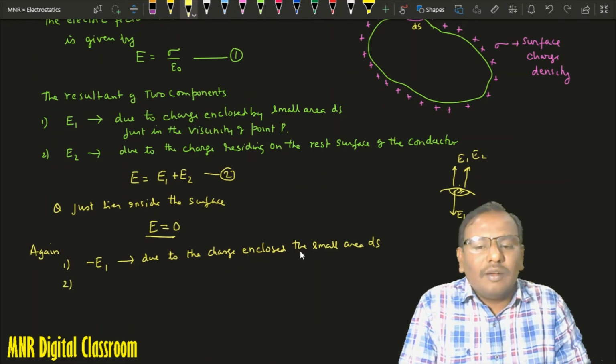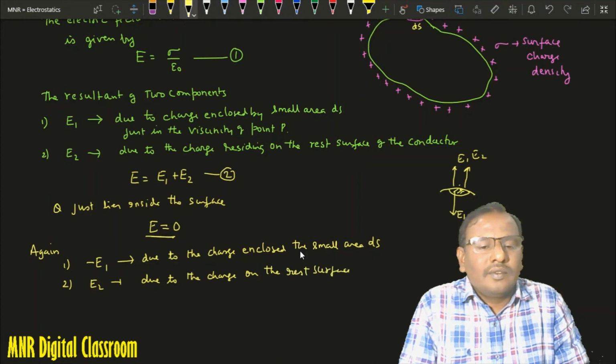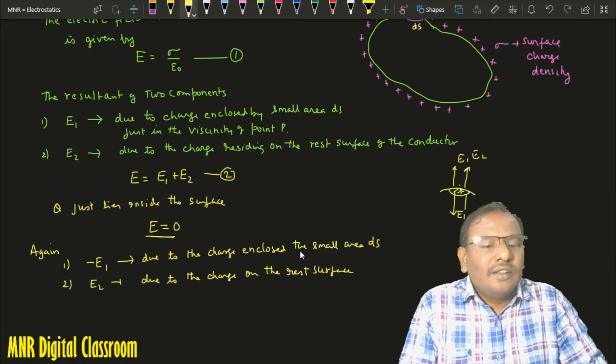And the second component E2 is due to the charge on the rest of the surface. This field E2 is directed outwards.